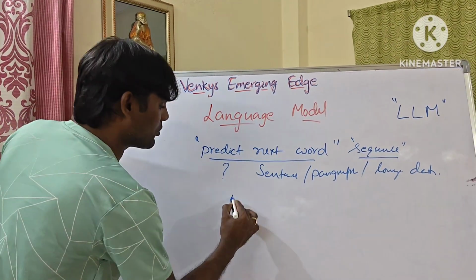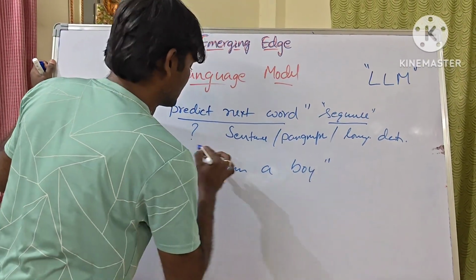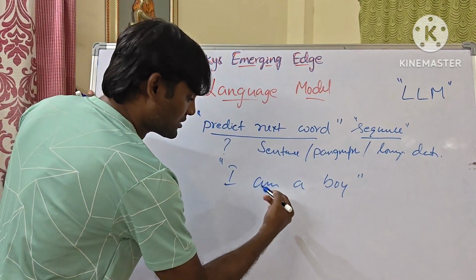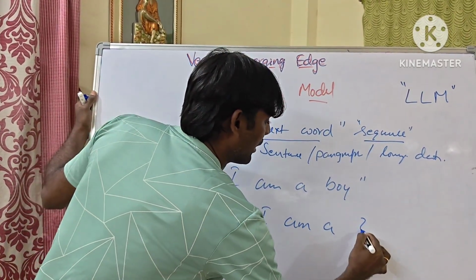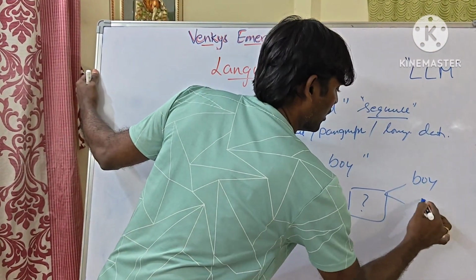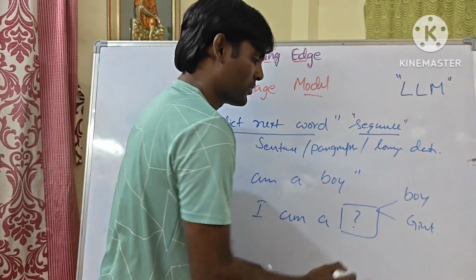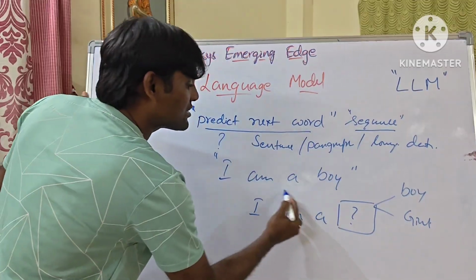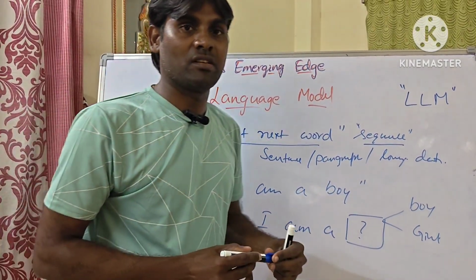For example, I am a boy. It is one of the sentences. Is it clear? So here, for example, the system can predict after "I am a" the answer: maybe boy or girl, maybe doctor, whatever it may be. But here it gives a perfect answer based on previous history of data. Previous history means this is called a corpus.